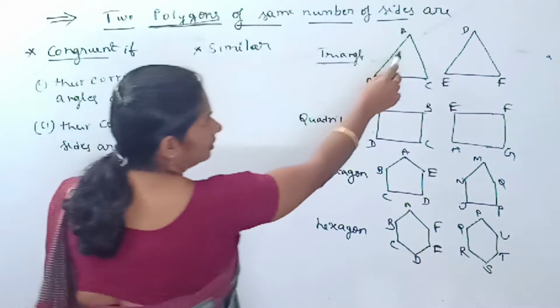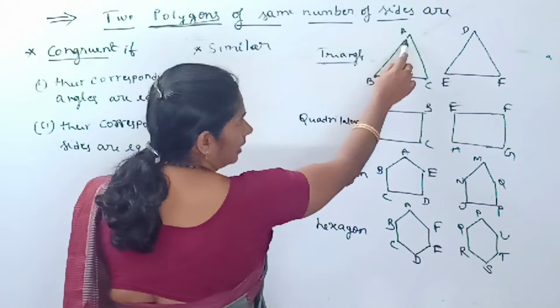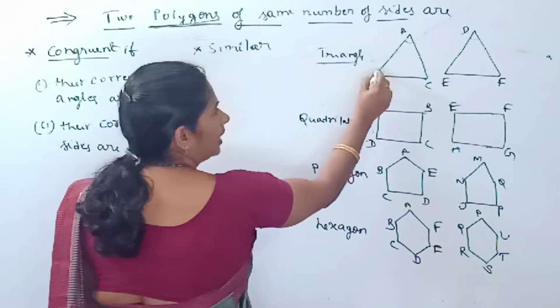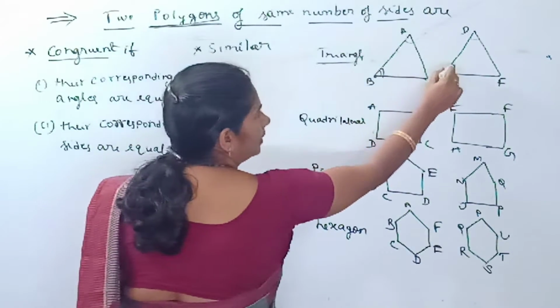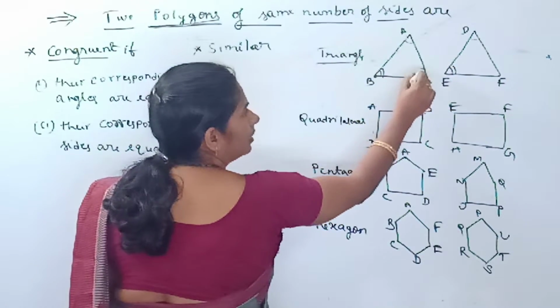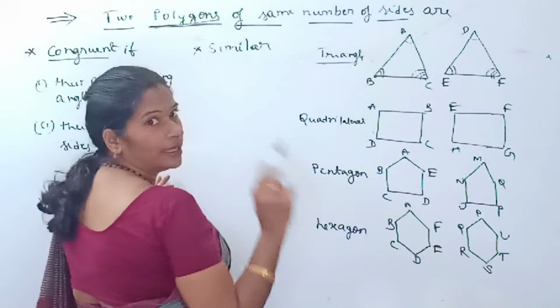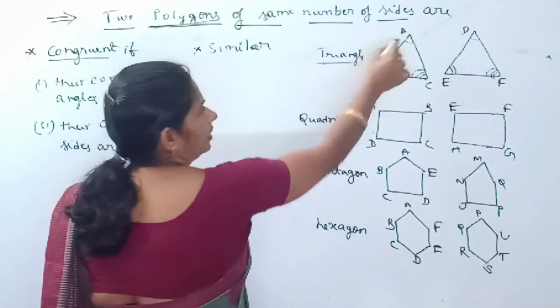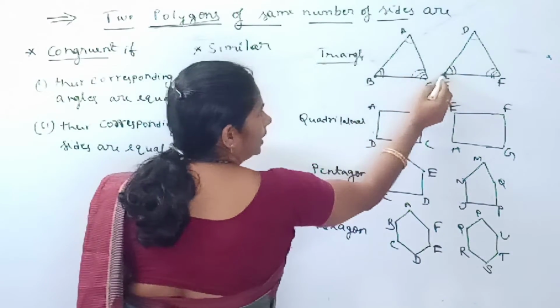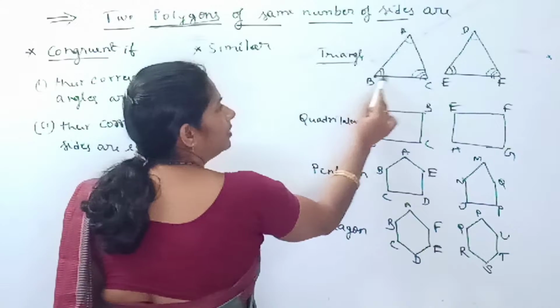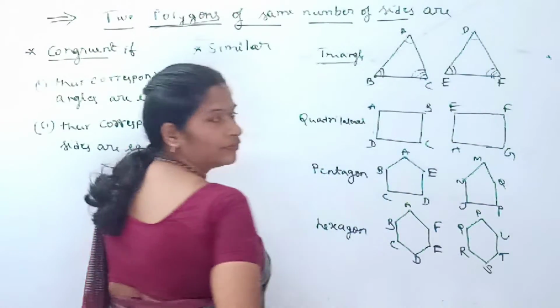If you take this triangle example, the corresponding angle of A is D, of B is E, and of C is angle F. And corresponding sides are also equal. AB equal to DE, AC equal to DF and BC equal to EF.